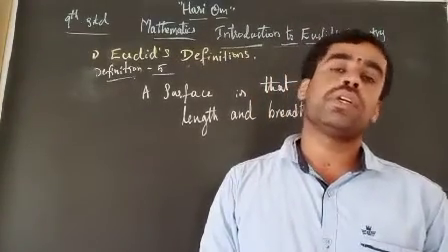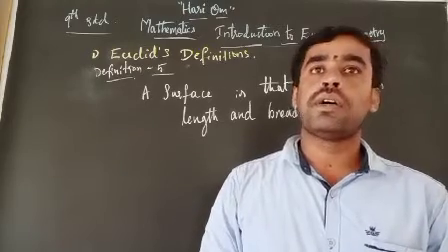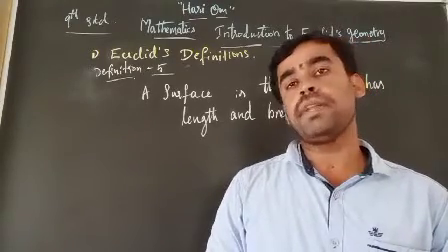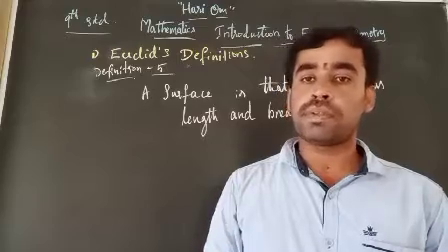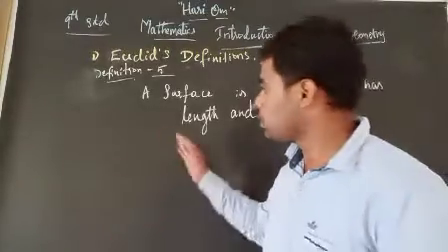And we have two types of surface. A surface may be a curved surface or a plane surface. As we take, this board is a plane surface.